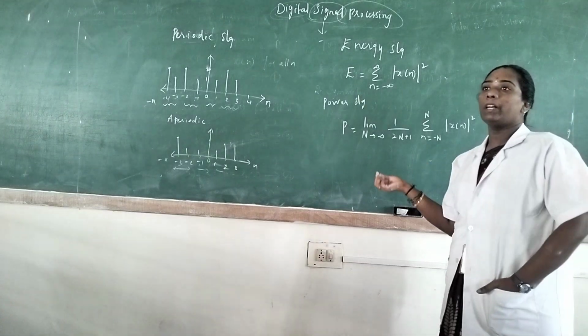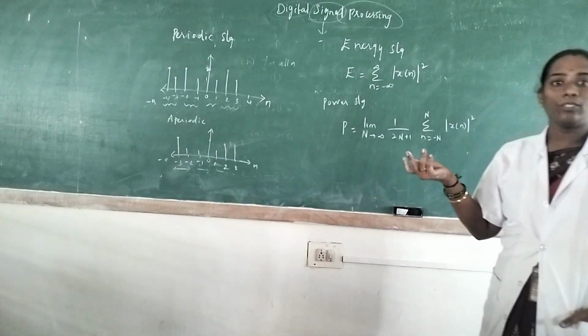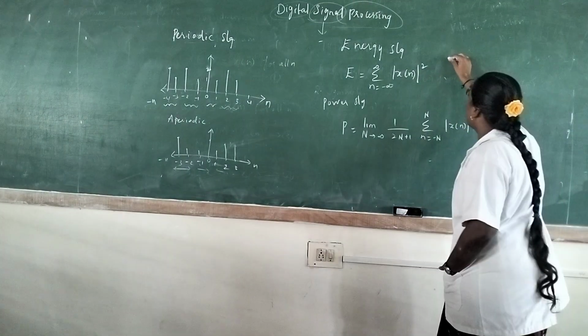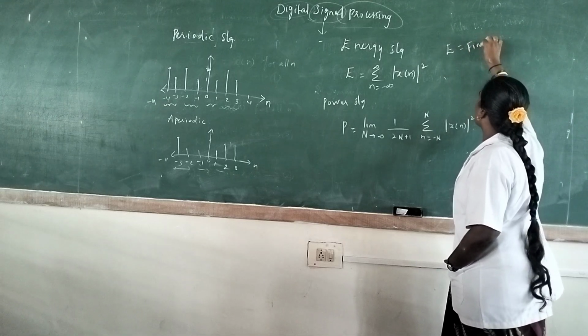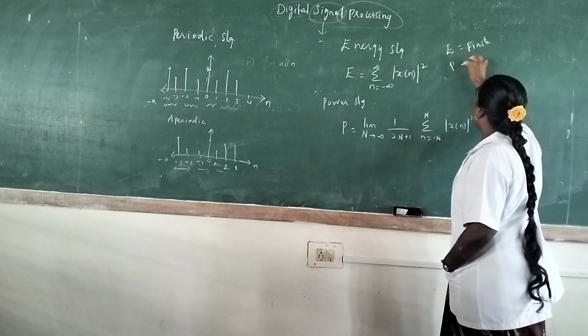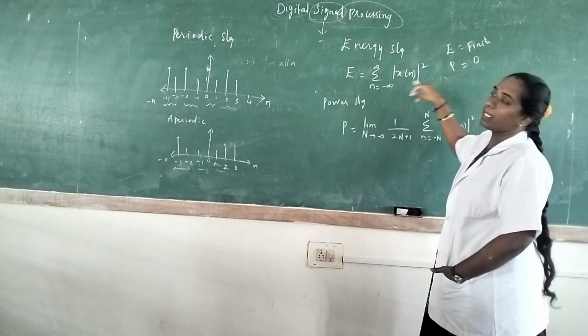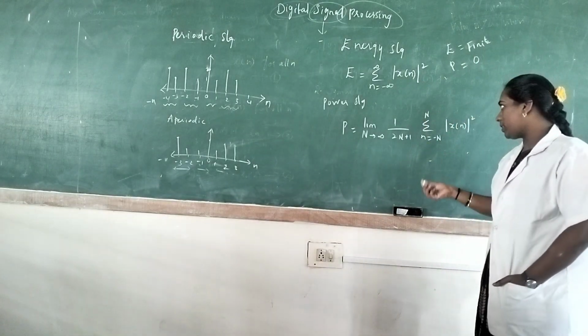So you can identify the energy signal by this condition. If the value of energy is finite and the value of power is zero, then the signal is called an energy signal.